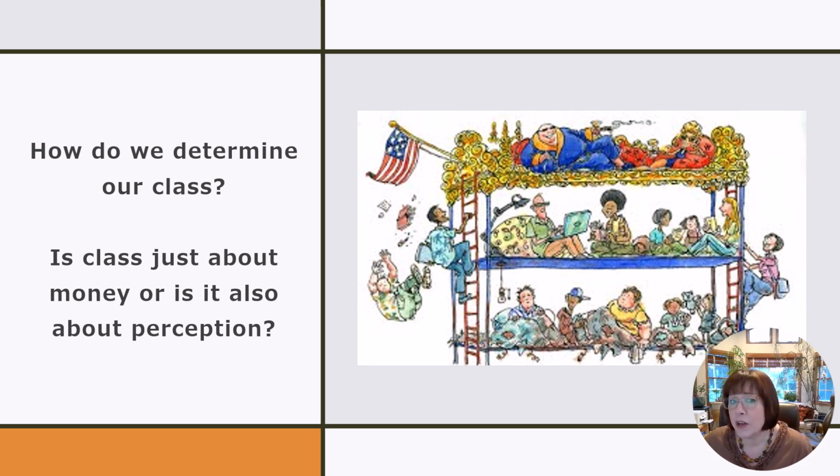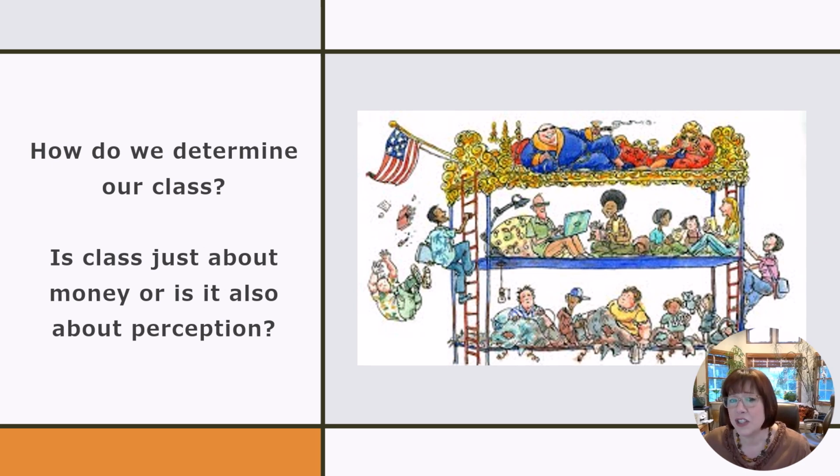How do we determine our class? Our social class can shift throughout our lives as our income, assets, or job status change. However, the class we are born into often has the most lasting influence on our identity and perspective.